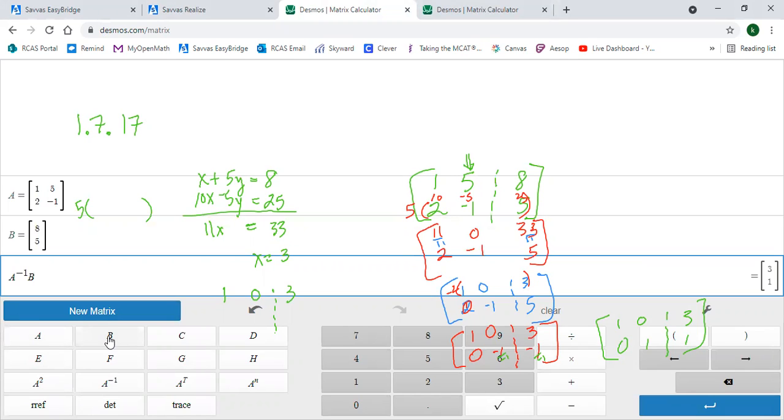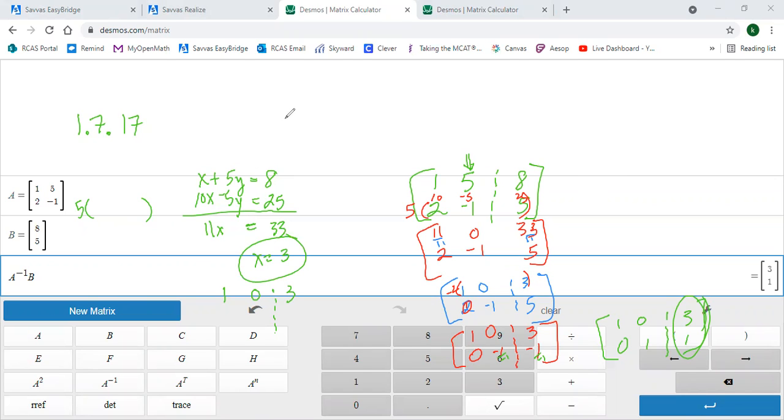Hey, look, 3, 1. I do believe that's the same answer we got when we did it with the matrix. We had X, we would have plugged that into one of the equations to get the Y. But that's how you can do that problem.